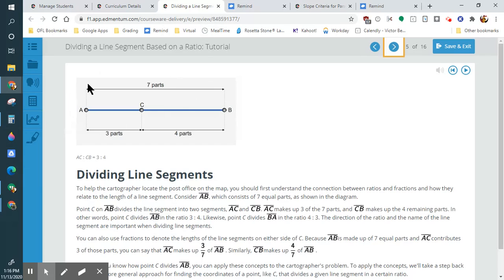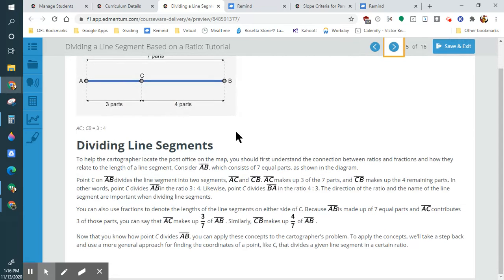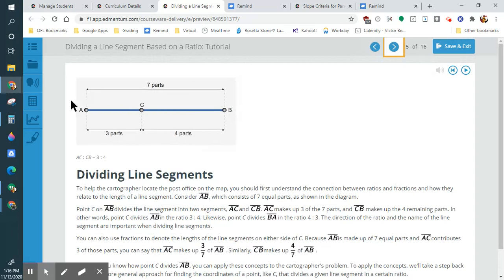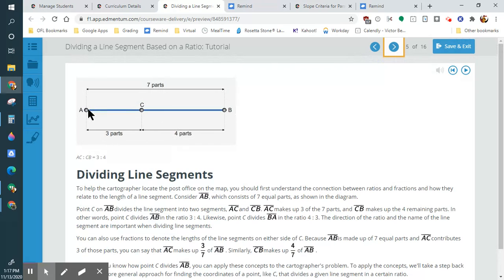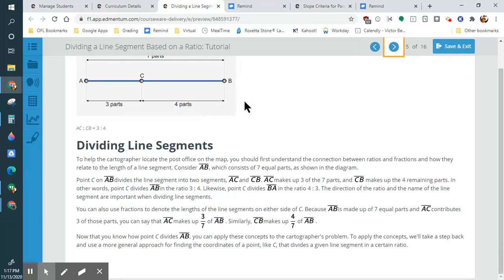So that's our ratio to help us determine it. So let's say that's going to be 7 parts. So we're saying that if it's a straight line and it's right in the middle, there's 7 parts. So we're going to figure out how much is it from the post office to town hall, or the post office to the school. What's the fraction there? So obviously it's going to be 3 of those 7 from the school, and 4 of those 7 are going to town hall.